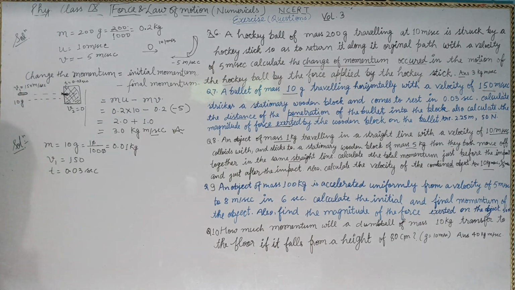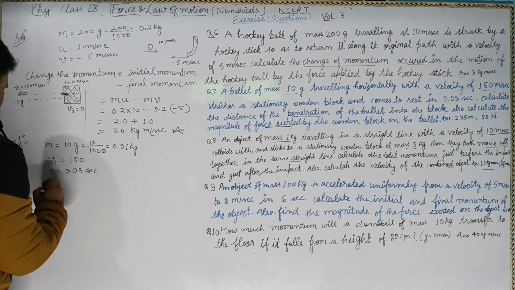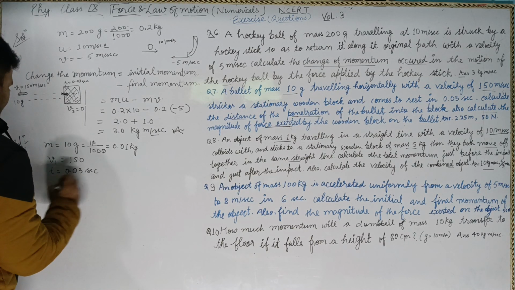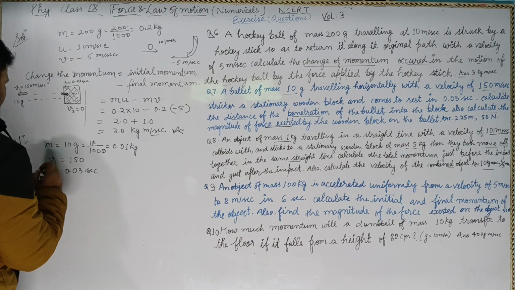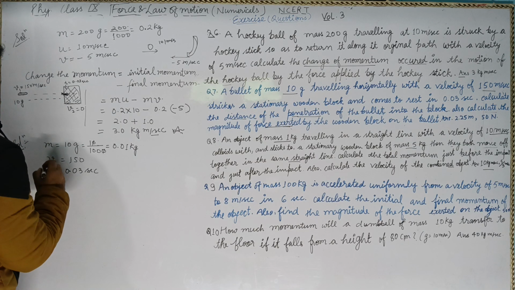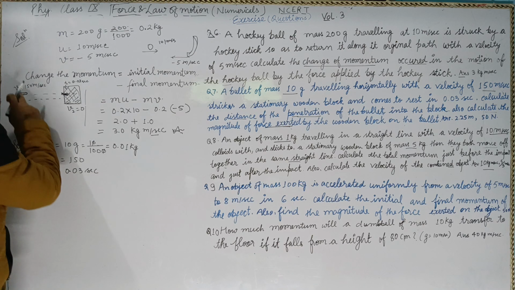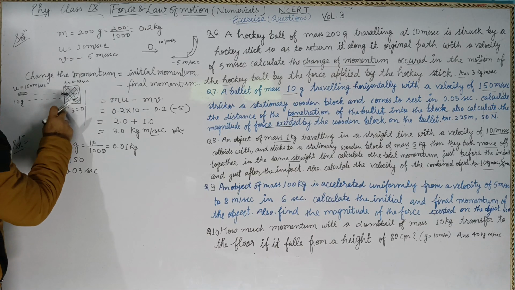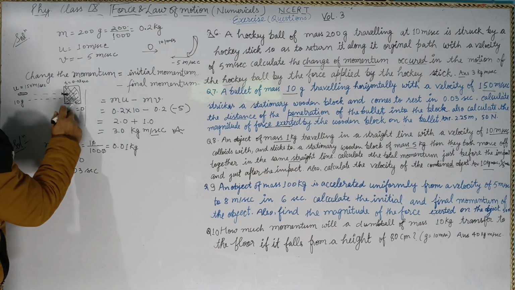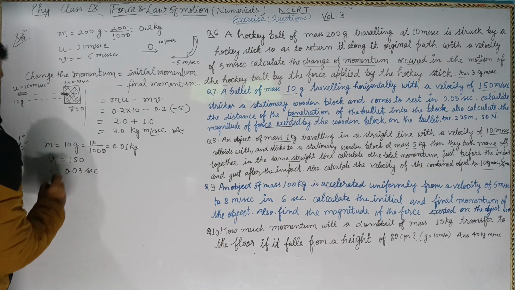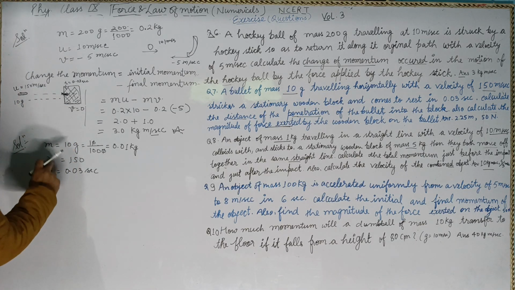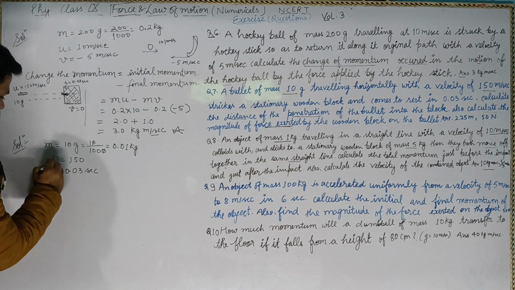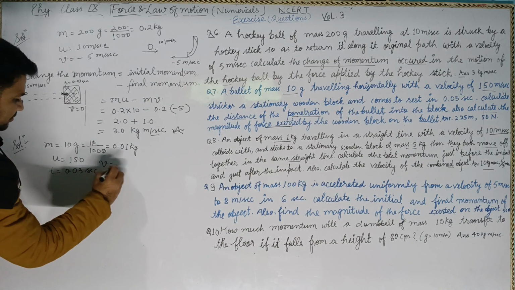So from the equation of motion, s is to be found, because t is given, u is given, and its final velocity v is equal to 0. From the first equation of motion, it is u, and v is given 0.